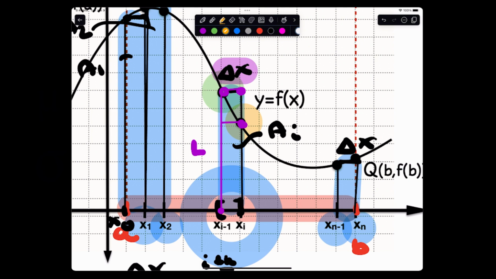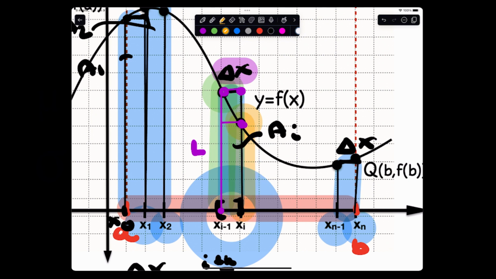And ladies and gentlemen, here's the problem. They're going to be different lengths. If I use this length here in green, or this length here in orange, those are different lengths.